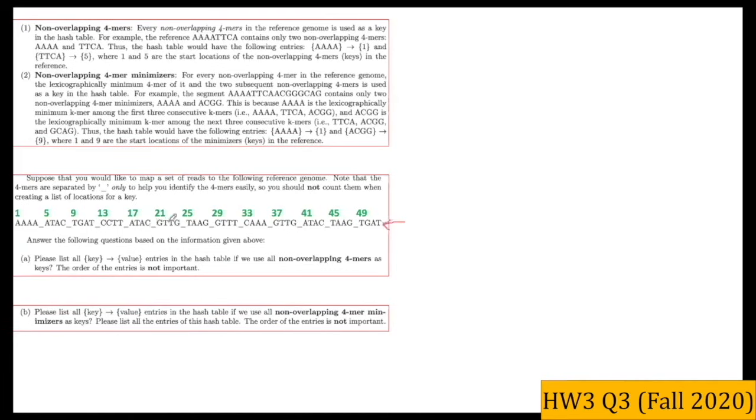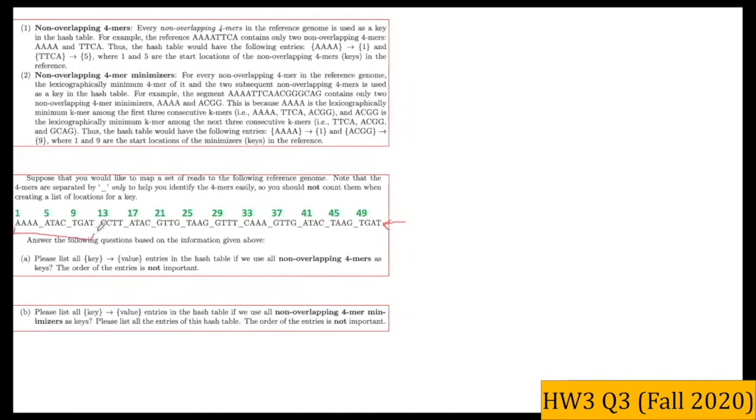We already have the start locations indicated. Following the method we described, we need to extract every 3 k-mers that are non-overlapping, then sort them and pick the lexicographically minimum k-mer and store it in the hash table. So where are the first 3 k-mers? These are the 3 4-mers that are non-overlapping.